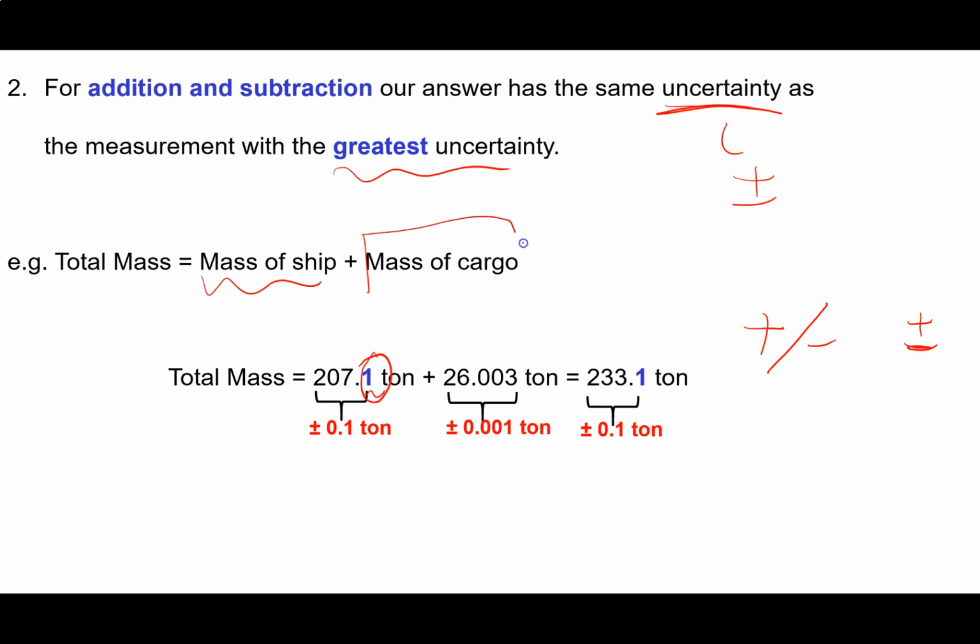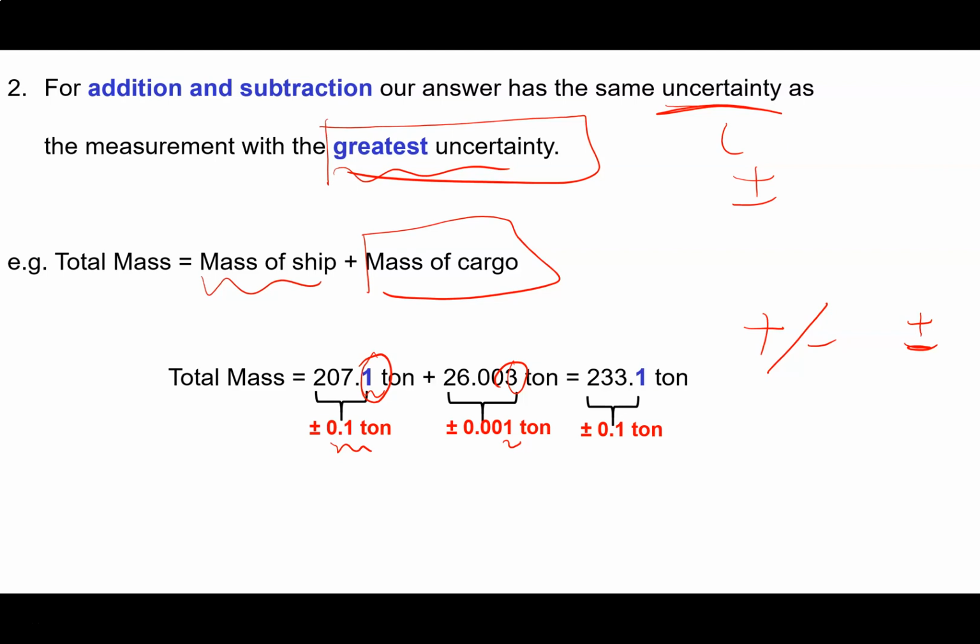Now the cargo is a lot smaller than the ship, and it was weighed on a different scale, and that scale can measure to the 10,000th, so it can measure down to 0.001 ton. Here it is there, right? So when I combine these two numbers by adding them, I go with the number that has the greatest uncertainty, so my answer has to be rounded to 0.1 tons. It's got to be written to plus or minus 0.1 tons.